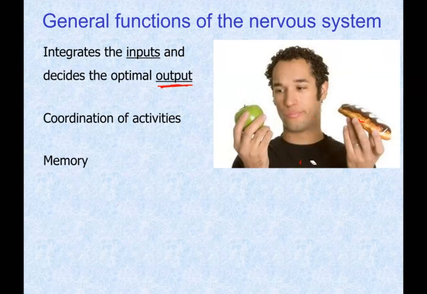Okay. Then the brain has the capacity to coordinate activities. So if you just contract muscles and try to move joints, it will not happen properly unless you coordinate.